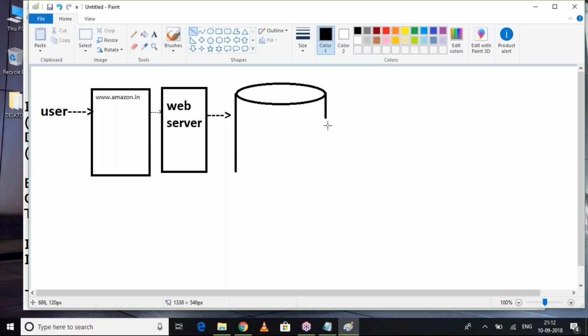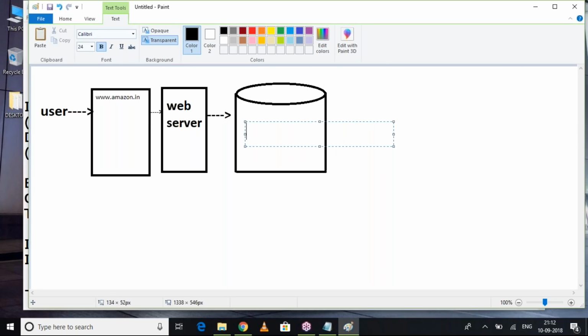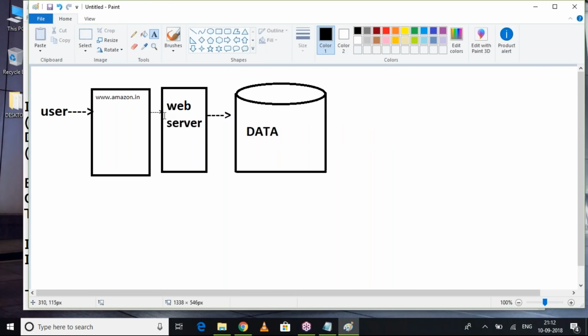This is the database server. What is there under the database? The data available here will be sent to the web server. From the web server, again, data goes back to the web page.